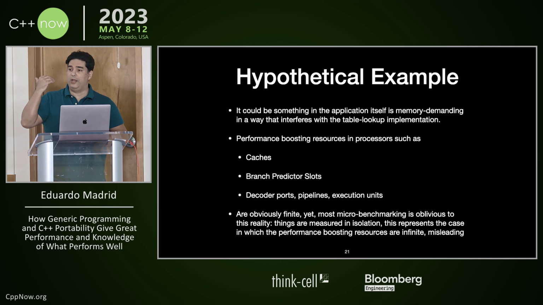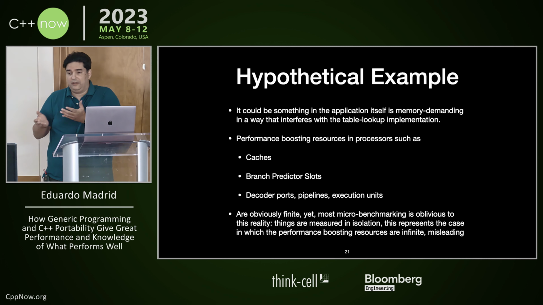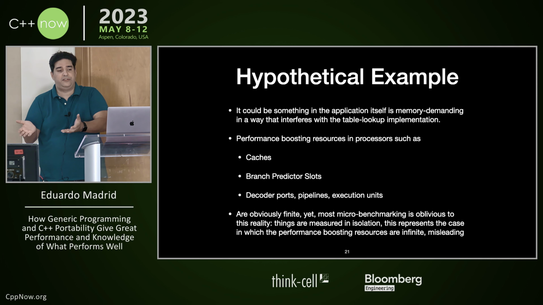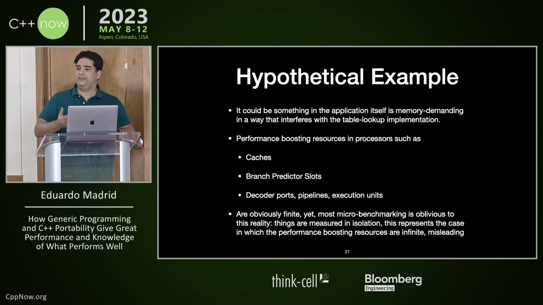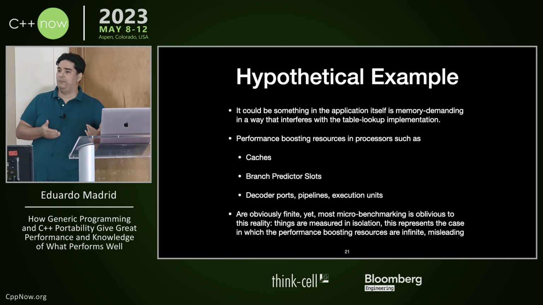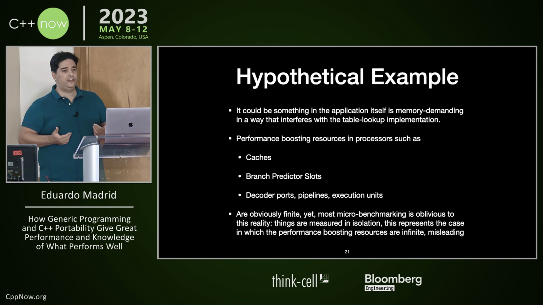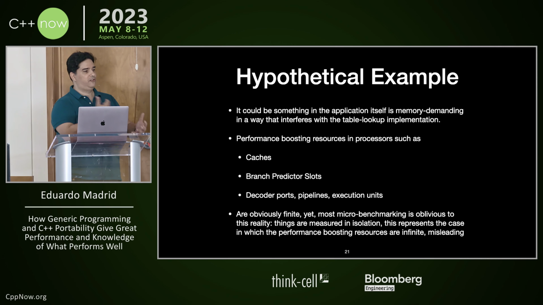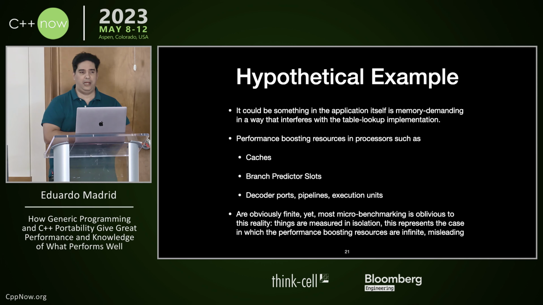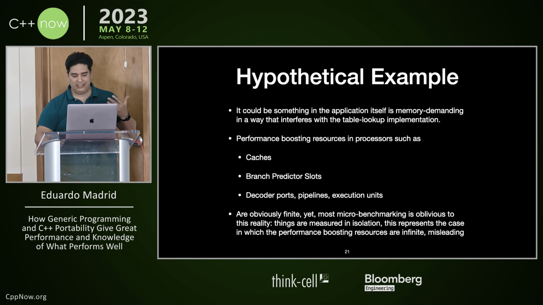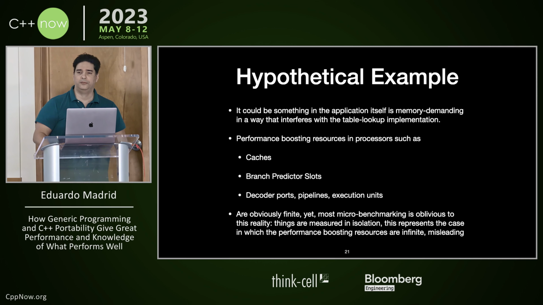So when we do micro-benchmarking, for very sound reasons, because we want to test things in isolation first, what we end up doing is to simulate that those performance boosting resources are infinite, because our benchmark typically cannot exhaust the capabilities of those things, especially if our benchmarks are relatively simple or naive. So we get misleading results.